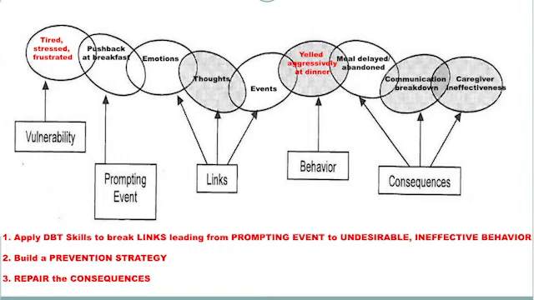Number 3 is repair the consequences. So after your behavior of yelling aggressively at dinner, for example, we talked about 3 particular consequences. Repairing those means stating what your vulnerability was and understanding that that did lead to less skillful means being applied, making amends if necessary, and making a commitment to engage in much more effective behavior in the future.